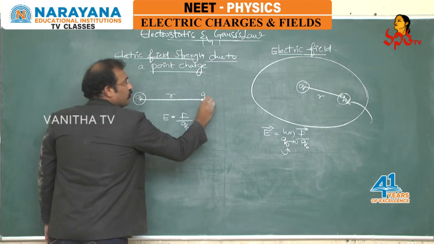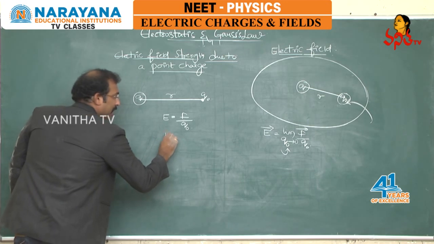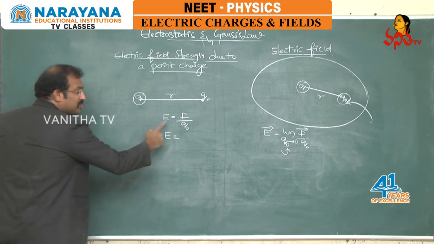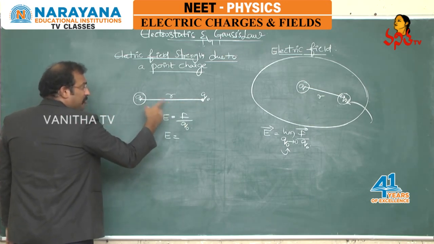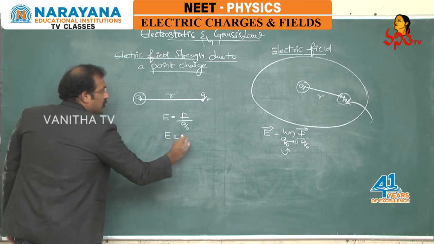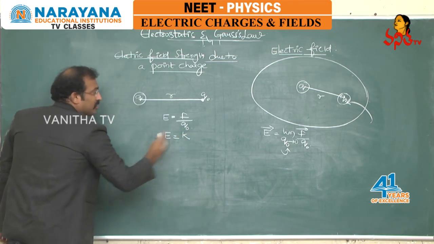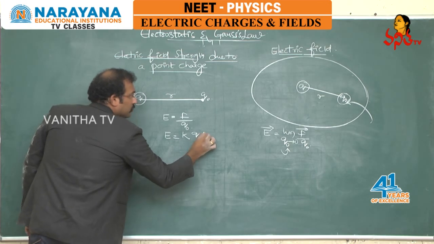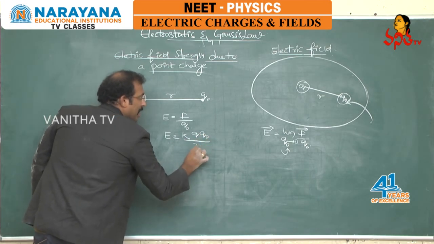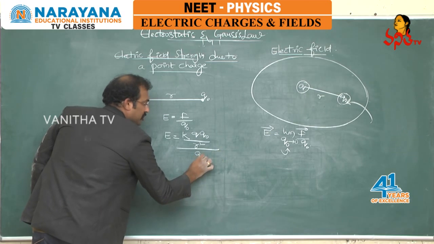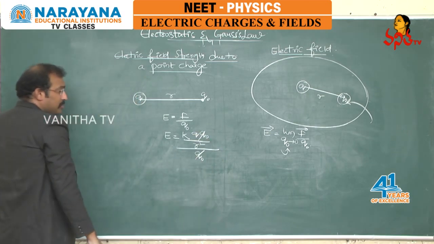Now I am writing the test charge as Q naught. E is the field strength at the distance r from the source charge. E is equal to force, we know how to write it, K Q Q naught by r square, divided by Q naught. So Q naught gets cancelled.